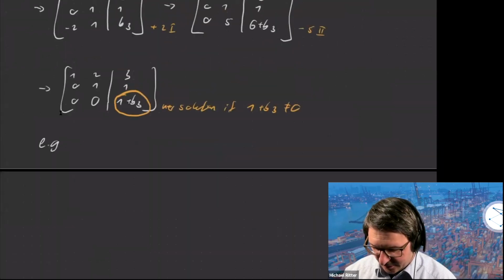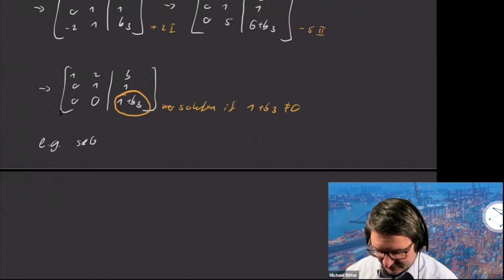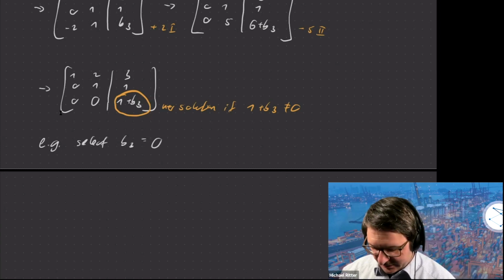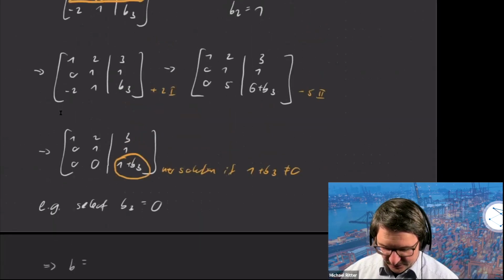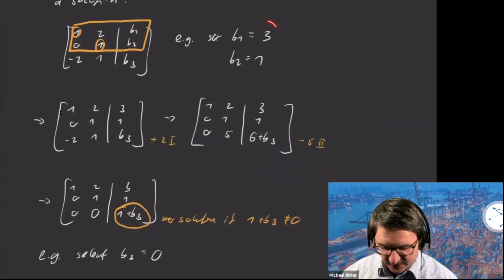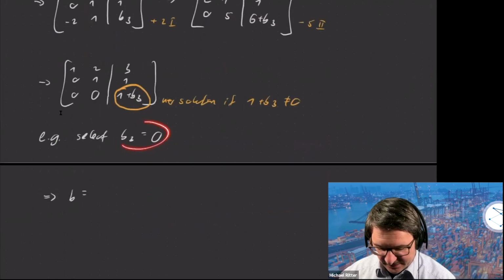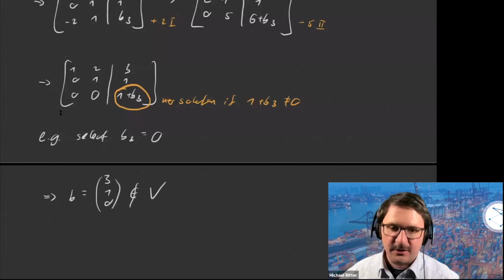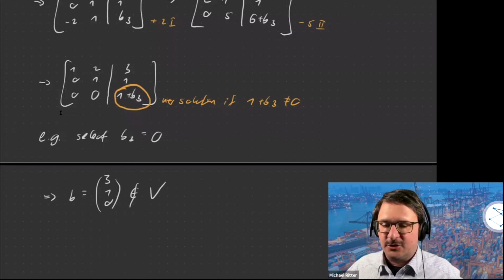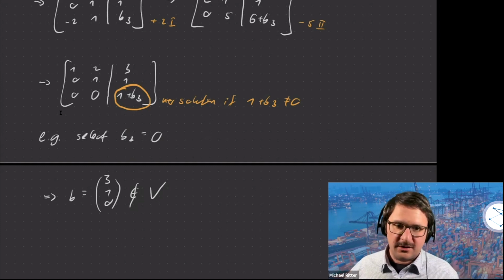And we just select an arbitrary one. For example, let's say B3 equals 0. And then we get the vector B. We already selected B1 and B2 before, 3 and 1. And now we selected B3. So we have a vector 3, 1, 0 that is not contained in V. So we just computed a vector that does the job. And of course, there's a whole lot of other solutions that will also do the job.